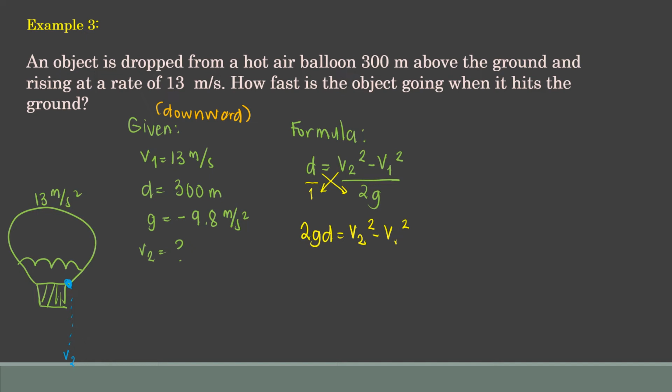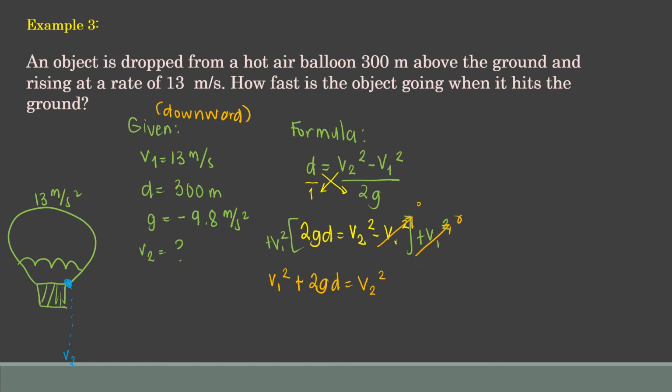We will do that by adding positive v sub 1 squared to both sides of the equation, so that we can cancel the minus v sub 1 squared together with v sub 1 squared. Our equation now becomes v sub 1 squared plus 2gd equals v sub 2 squared.